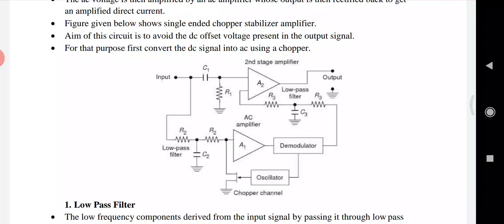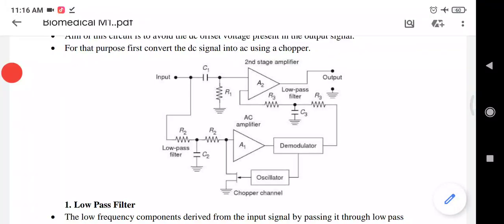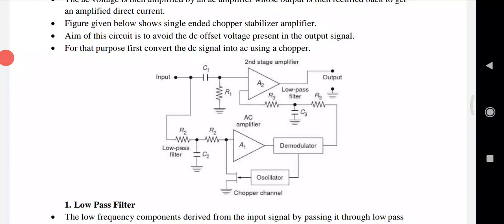The input of A2 has a high pass filter, C1 R1, which is used to derive the high frequency signals, and this is to reduce the DC offset and drift of the second amplifier A2.